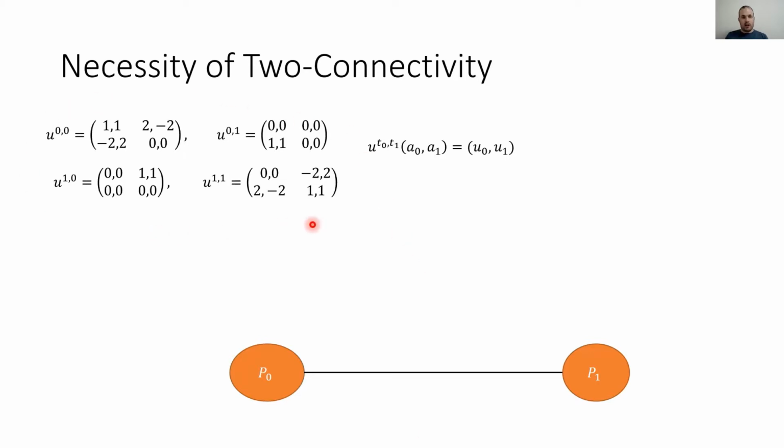When the types are 0, 0, this is the relevant matrix. And if both players take the 0 actions, these are the payoffs, 1 and 1. The Nash equilibrium for this game is to play the other player's type.